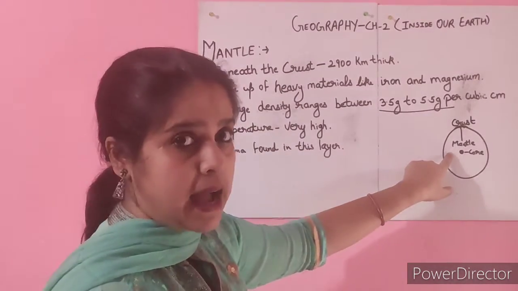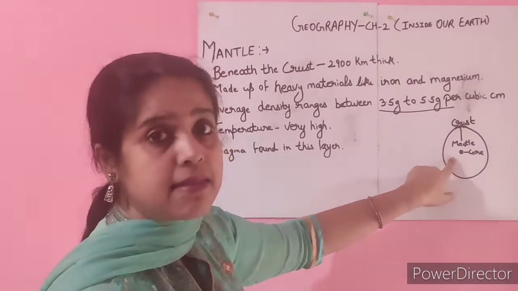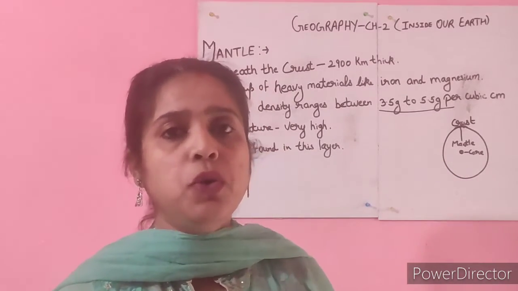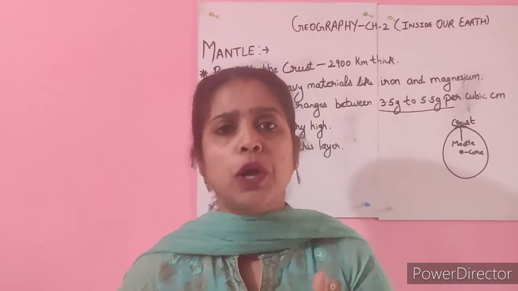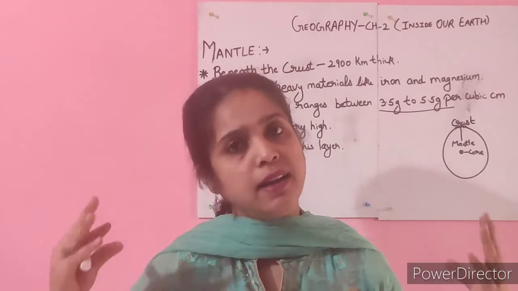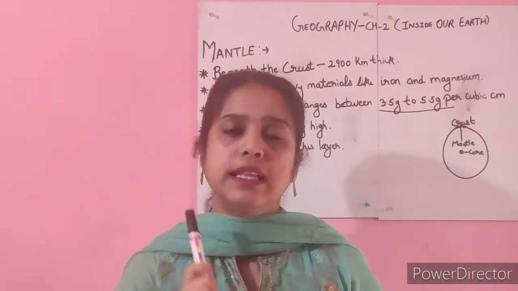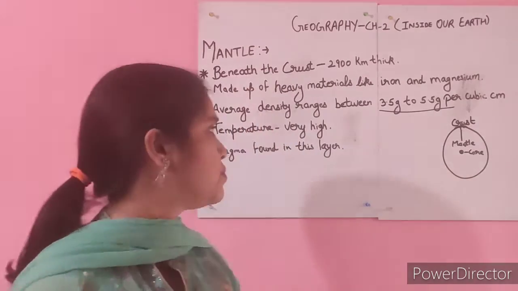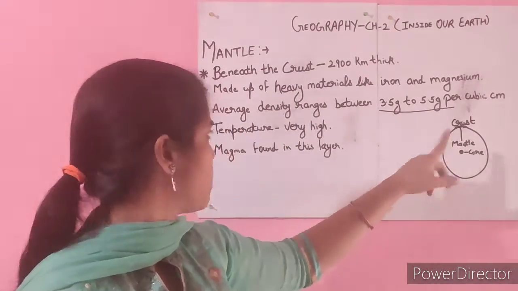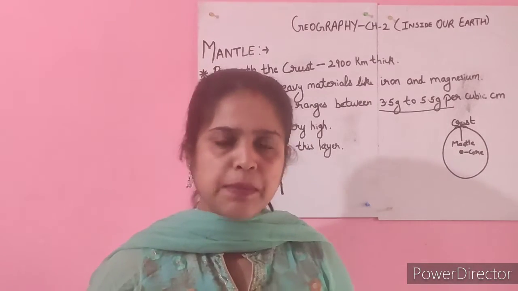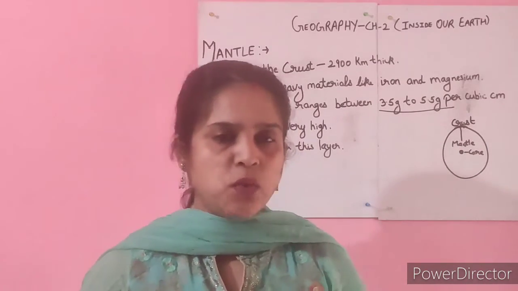Temperature is high here and it will be highest in the core, because I have already told you that as you go into the depth of the interior, the temperature will start increasing. Therefore, the temperature in the mantle is very high. Then magma is also found in this layer only. Clear about mantle?